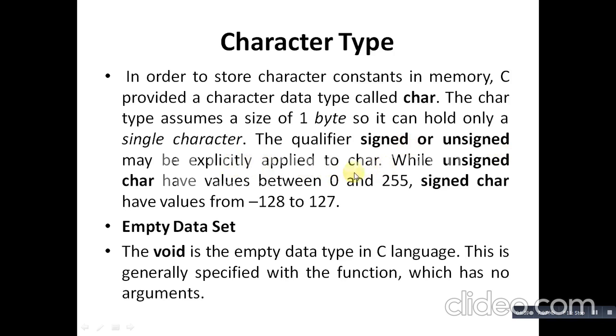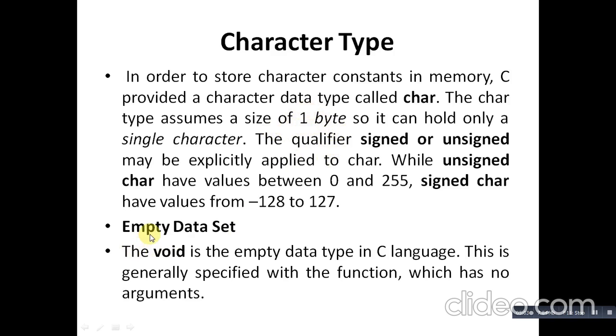Unsigned char has values between 0 and 255, and signed char has values from minus 128 to 127. If you are storing string values, then however many characters you are going to store in that variable, it will take that many bytes.